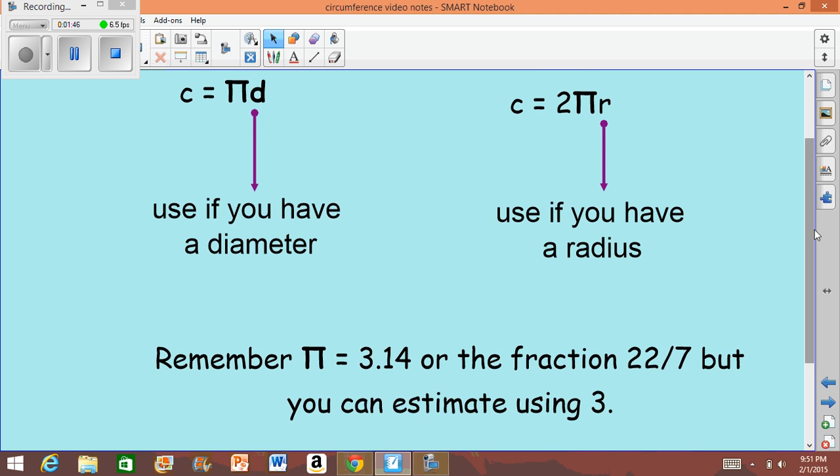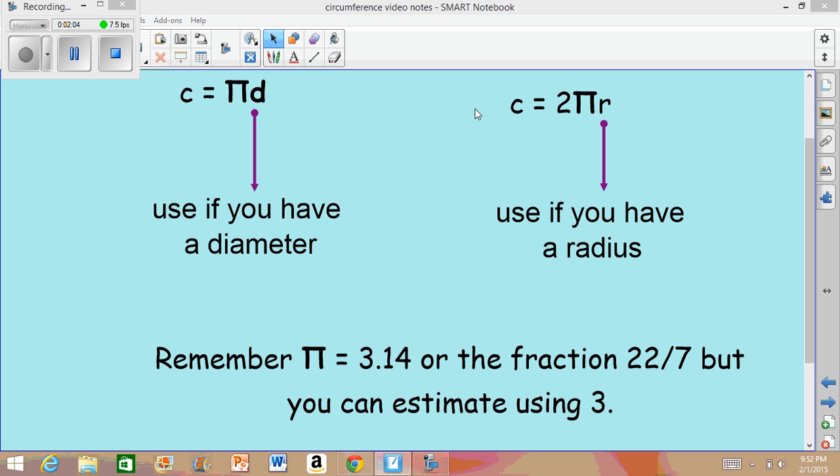Remember that pi is the decimal 3.14 or the fraction 22 over 7. But you will be able to get very close to the actual answers just by using the number 3. And for many of our examples, we're just going to use the number 3, and we'll discover how close we can actually get to our actual answers. So pause here and make sure you have both formulas recorded in your note sheet.